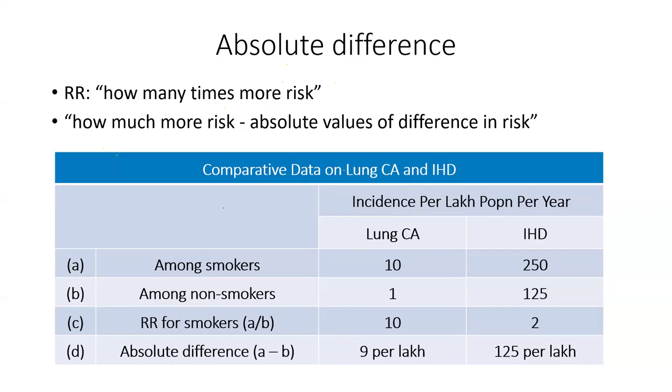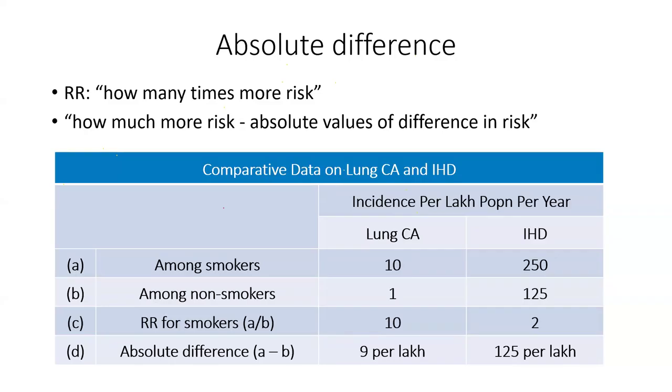While for ischemic heart disease, the absolute difference is far higher as compared to lung cancer. It is 125 per lakh. So the concept of absolute difference or the impact is very different from the strength of association or the effect. That is what I'm trying to show you in this table.